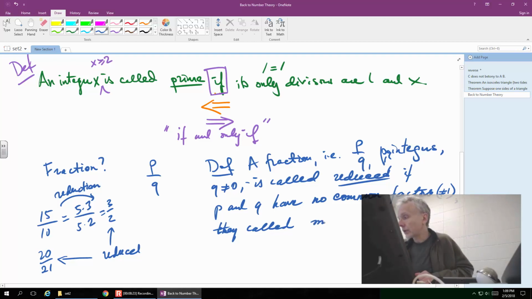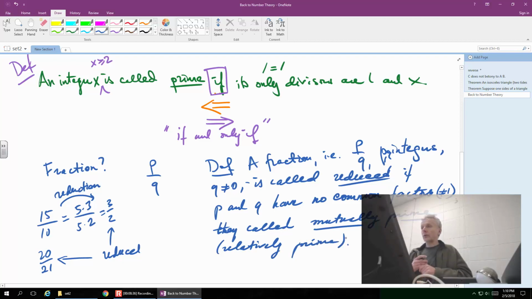They're called mutually prime or relatively prime. And so now we can speak of reducing factors in a more consistent way, because now we can concentrate on prime factors, and so that gives us the beginning of our reducing factors process.